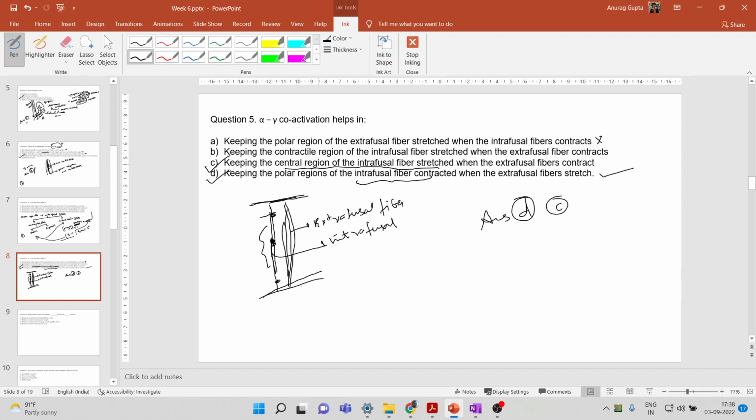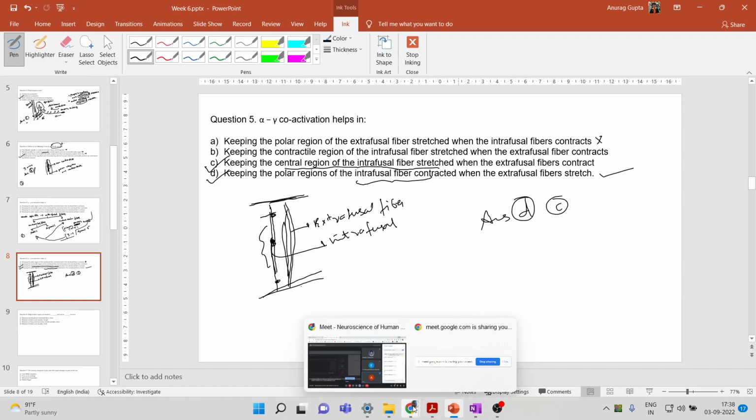Information from the central region as well as the contraction of the extrafusal fibers, which causes the intrafusal fiber to stretch, together will give the total length of the muscle. So I hope this explanation was clear.